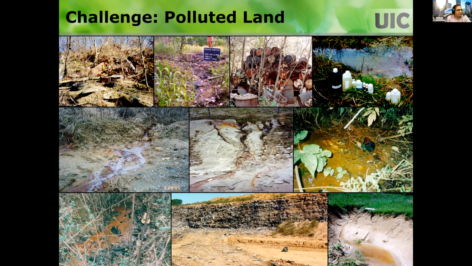The other problem that we have is contaminated sites, polluted land. What happens is, if you don't dispose of your waste properly, then you're going to see all kinds of problems. Sometimes you bury things so that people don't see it, and they will always infiltrate into the ground, and soil is contaminated and groundwater is contaminated.